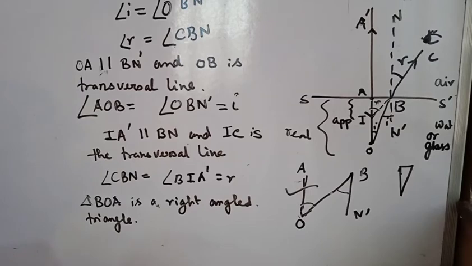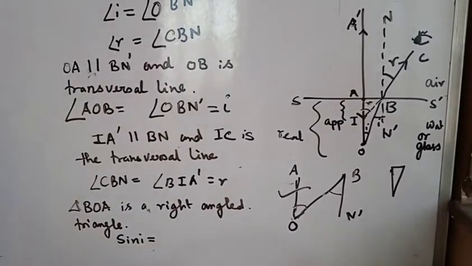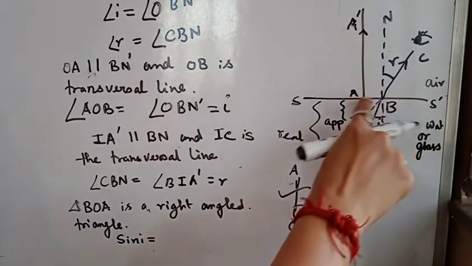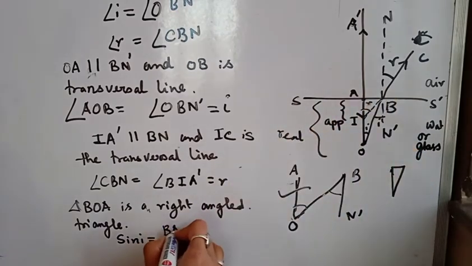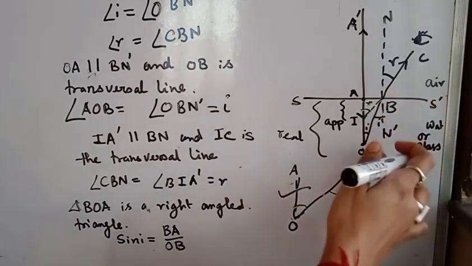So what can we write for sine i? We know the meaning of sine i. Sine i means the perpendicular by hypotenuse, right? Here the perpendicular is AB, as angle A is 90 degrees, so sine i will be equal to BA, the perpendicular, over the hypotenuse OB, or BO. We can write anything.